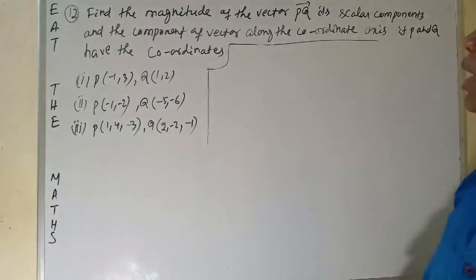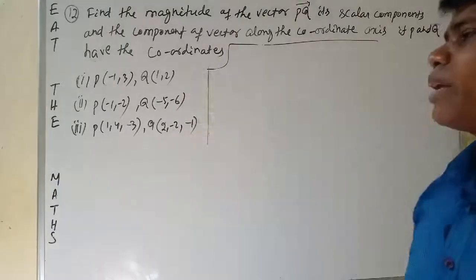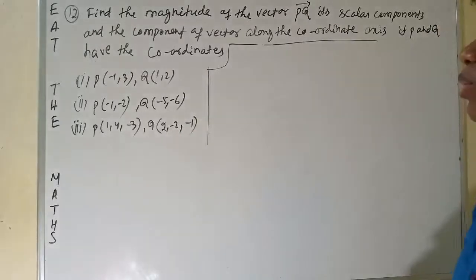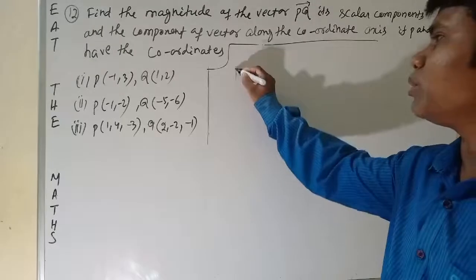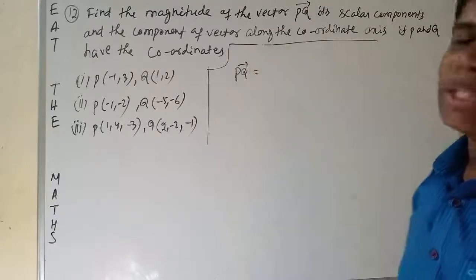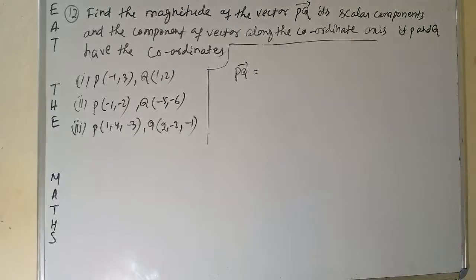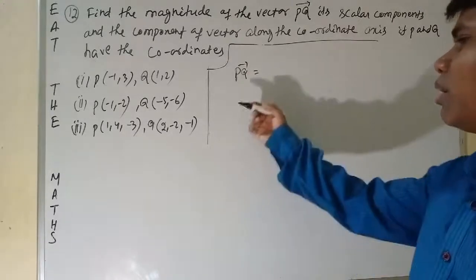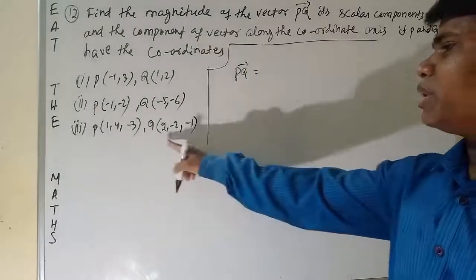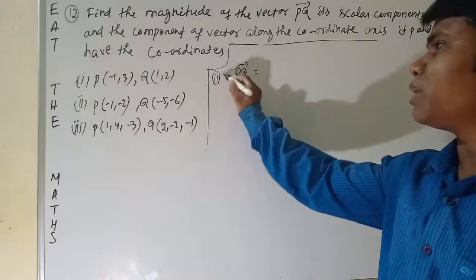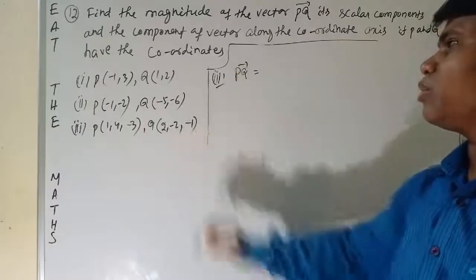Here given P is (1, 4, minus 3), Q is (2, minus 2, minus 1). We have to find PQ, that means the position vector of PQ. Already I have discussed this just earlier. This is question number 3 I am discussing.